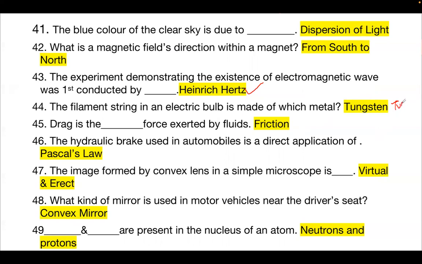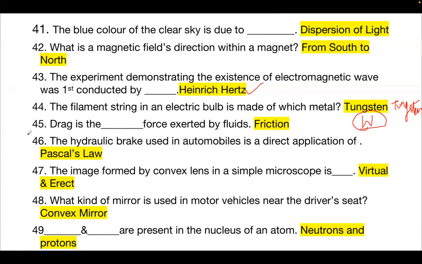Okay, this tungsten, it was denoted by the letter W. Okay, W is the chemical element symbol for tungsten.